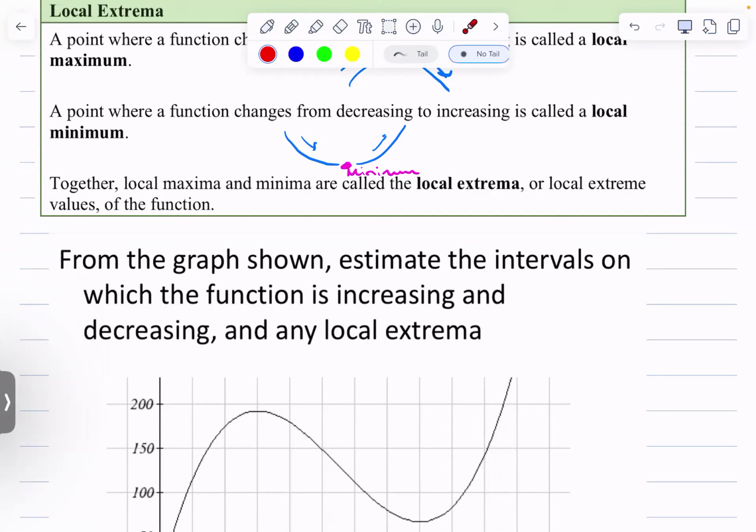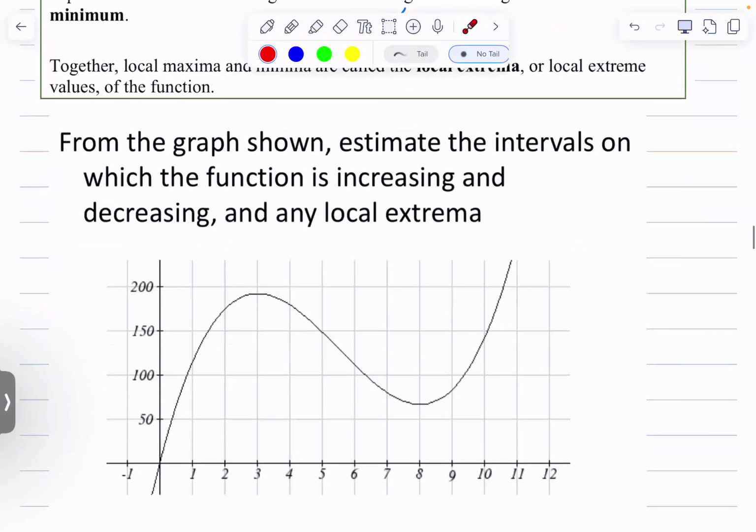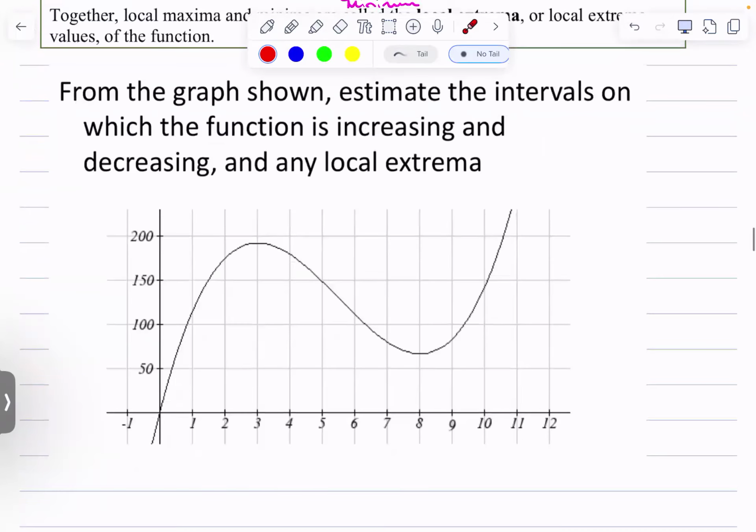From the graph shown, estimate the intervals, and we're going to be kind of generous, but estimate the intervals on which the function is increasing and decreasing and any local extrema. Now you can eyeball this, right? You can see, okay, I have a local maximum here.